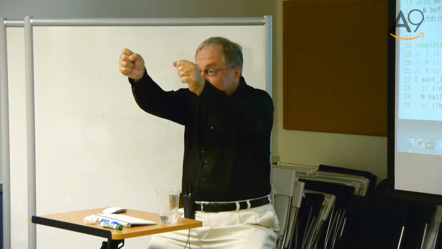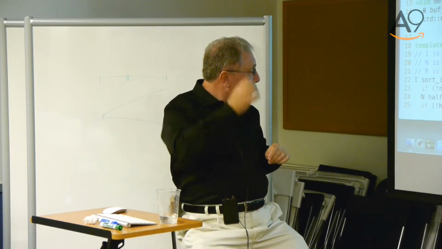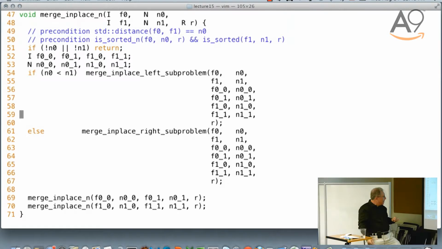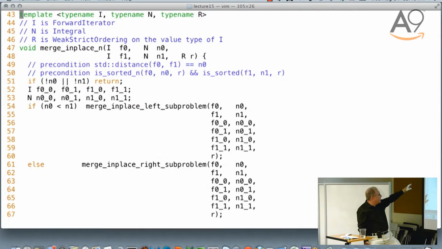Because we need to adapt. We say, oh, we don't fit. So let us look at the code. We're going to have a couple more arguments, the buffer and the size of the buffer.